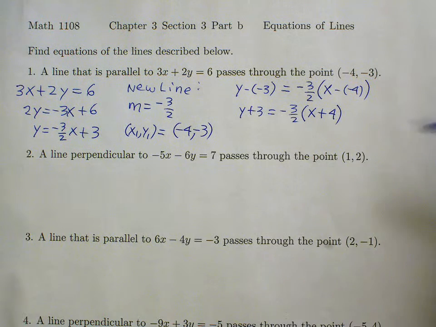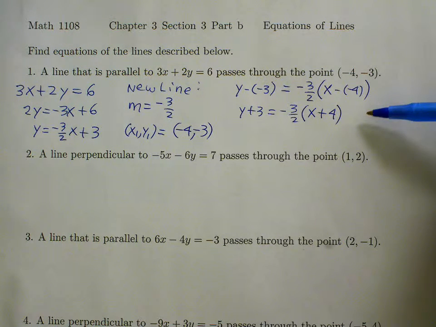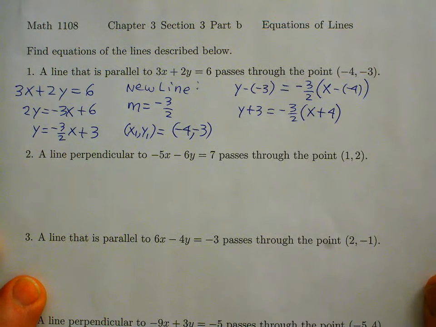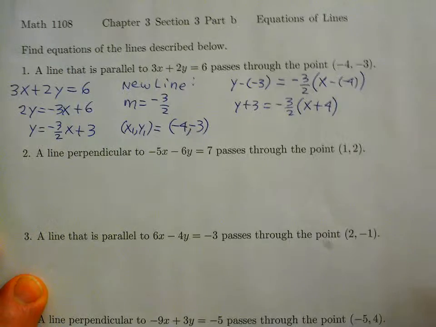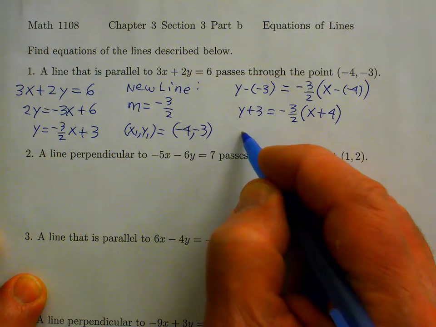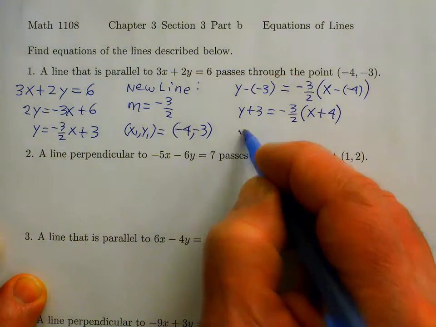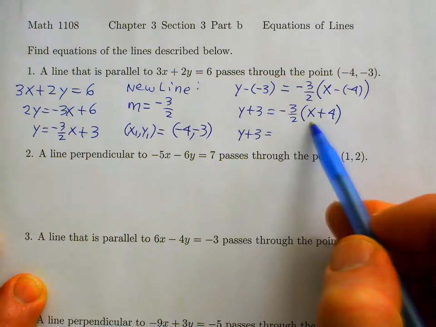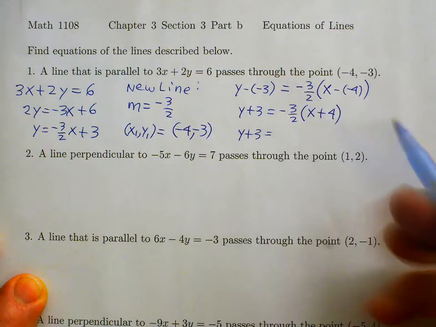Okay, this is a good enough answer if you're not required to rewrite it in slope-intercept form. But if the directions say to write it in slope-intercept form, then we have to solve for y. So let's just do that for practice. First, we distribute multiplication through x plus 4 by -3/2.